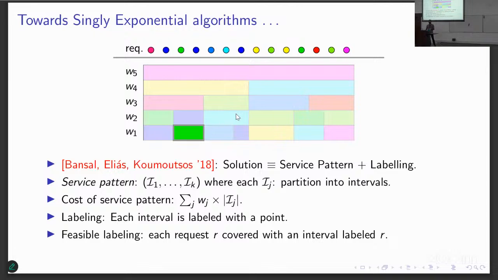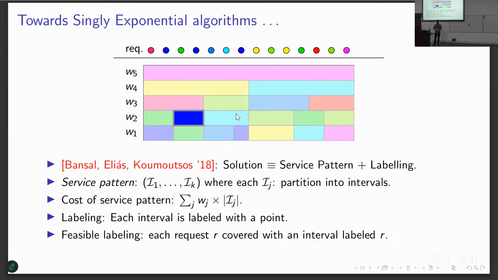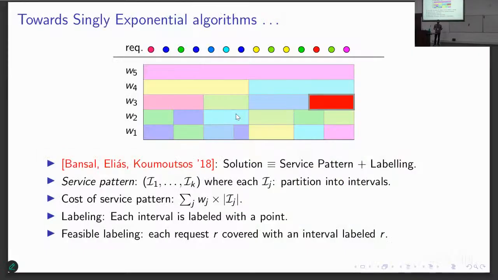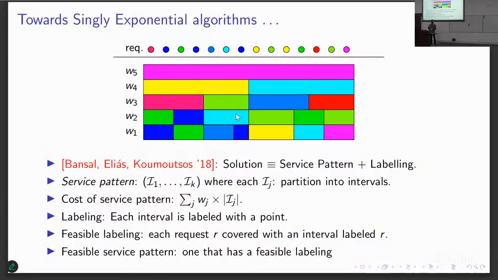So if every request has to be satisfied, then some interval should be covering that request which is labeled by that R. That's a feasible labeling, and we call a service pattern that has a feasible labeling a feasible service pattern. That's it.